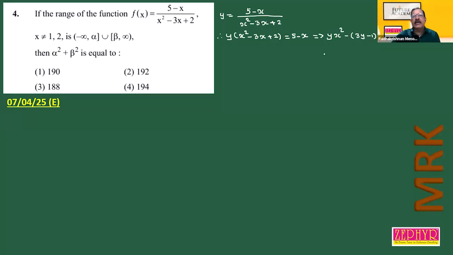Now it has got real roots. X is real, which implies the discriminant of this quadratic equation is greater than or equal to 0. What is the discriminant?